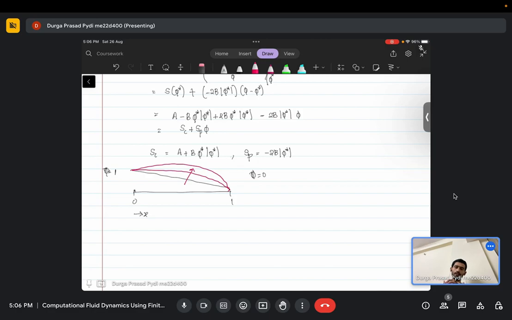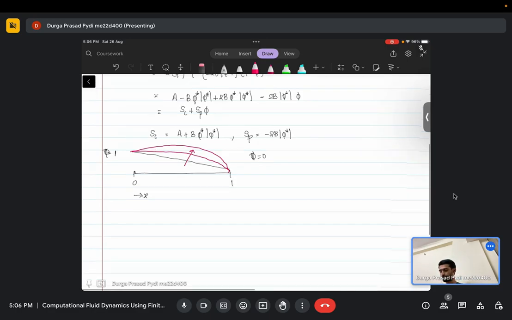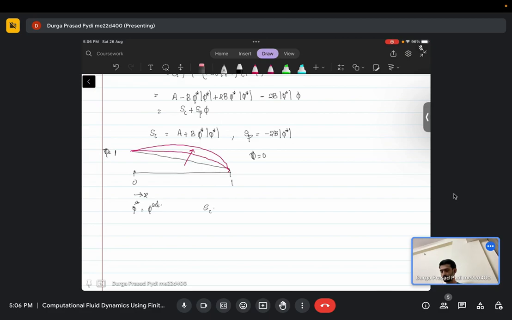Eventually, when you reach your final condition where phi star is equal to phi actual, SC plus SP times phi will be equal to the original function that we have taken.